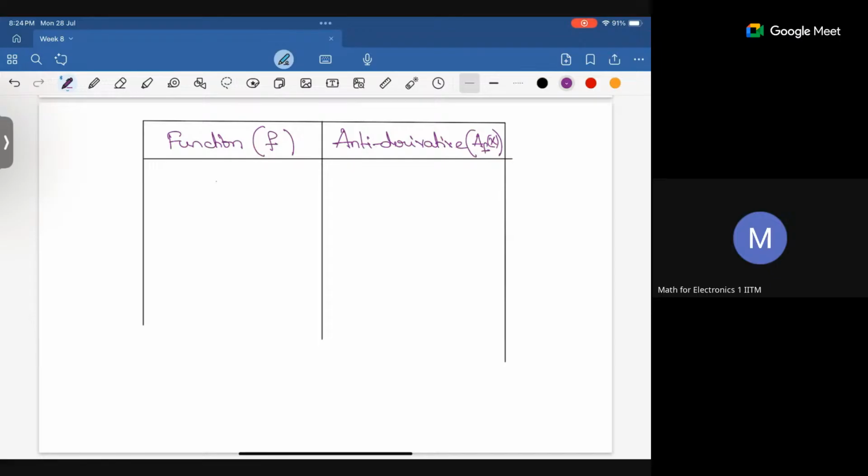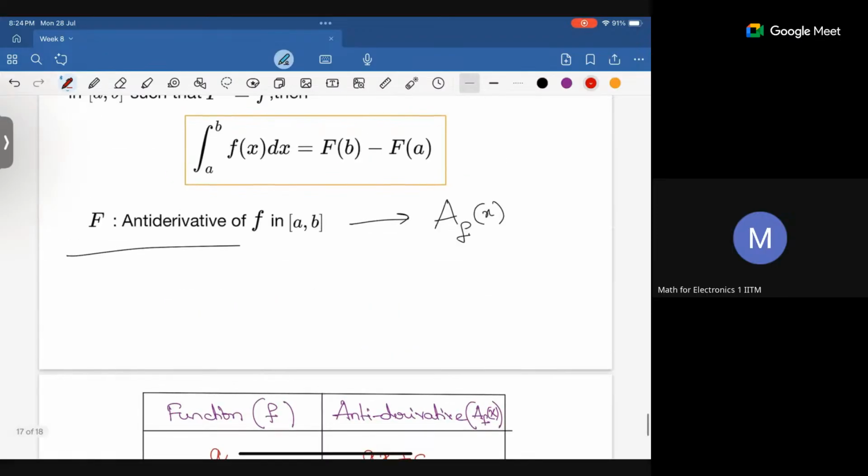So the very first one is simple. We all know if the function is just a constant a, its antiderivative will be ax plus c, right? And I forgot one thing, these antiderivatives are not unique. Derivatives are unique, right? If given a function, you compute the derivative of that function, that will give us another function which is unique. Whereas antiderivatives may not be unique.